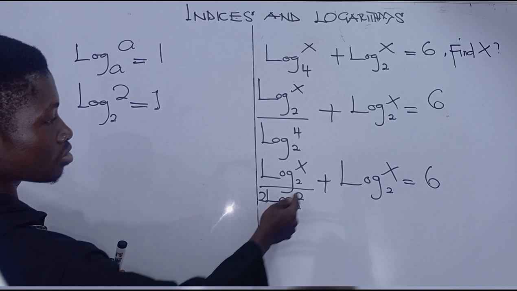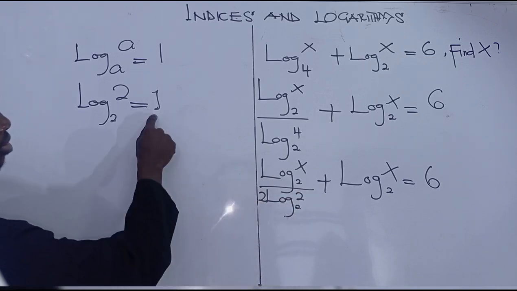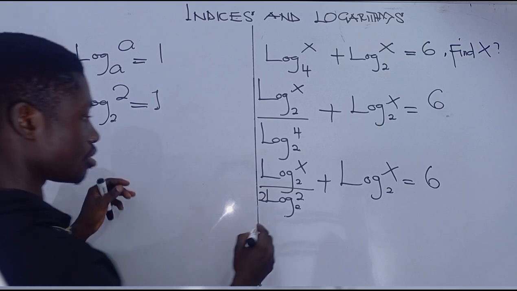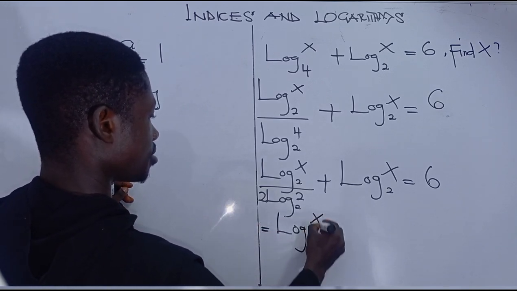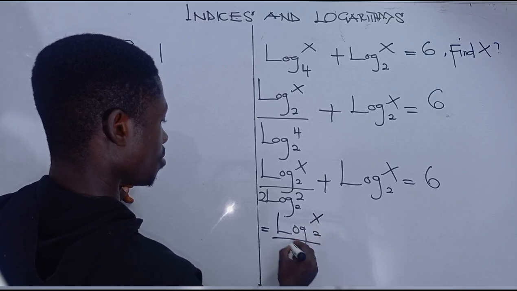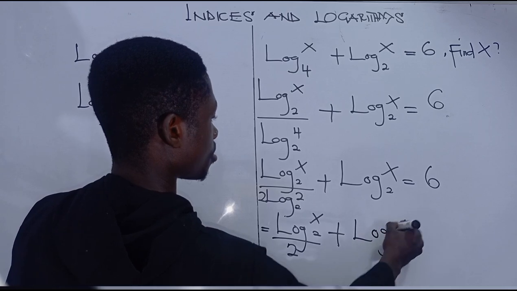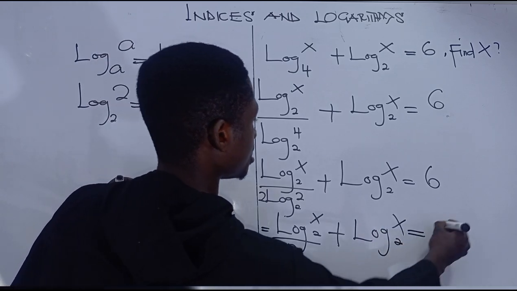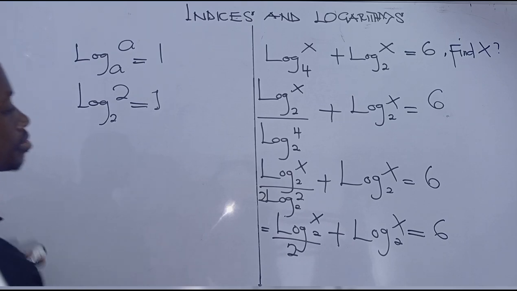So in place of log of 2 to the base of 2, we are going to have 1, and 2 times 1 will give us 2. So we are going to have log of x to the base of 2 all over 2, plus log of x to the base of 2, and this is equal to 6.